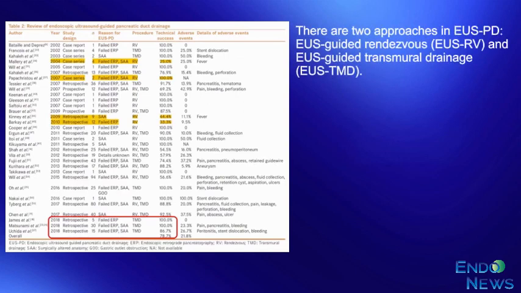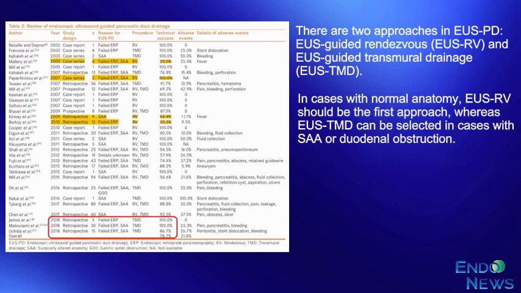We know there are 2 techniques in EUS-PD: EUS-guided rendezvous, EUS-RV, and EUS-guided transmural drainage, EUS-TMD. In the case of normal anatomy, EUS-RV should be the first choice.